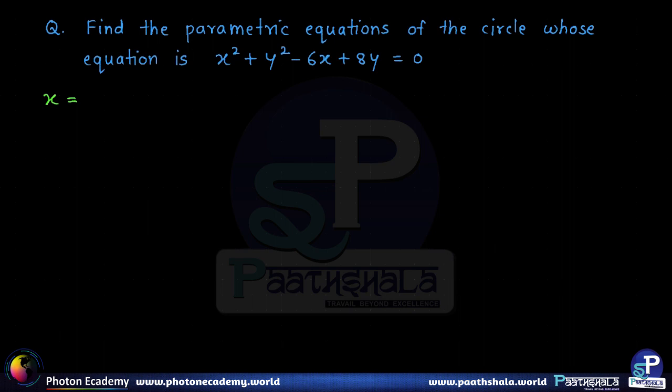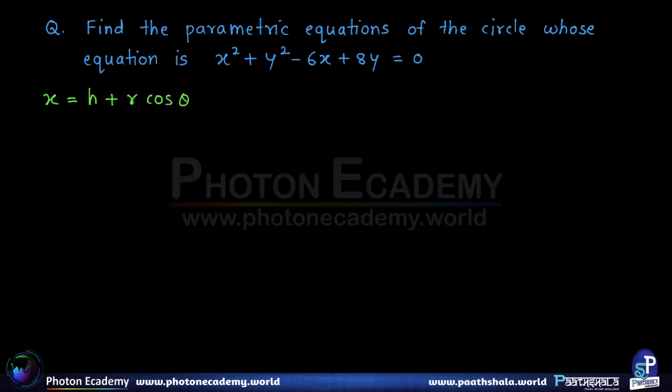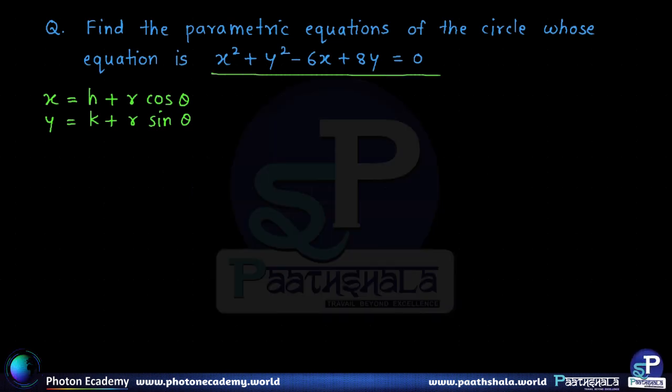The formula for them is x is h plus r cos theta, and y is k plus r sin theta. So we must first find h comma k, that is the center, and the radius of the given circle. Looking at the equation of the circle, we immediately recognize that it is in general form, isn't it?